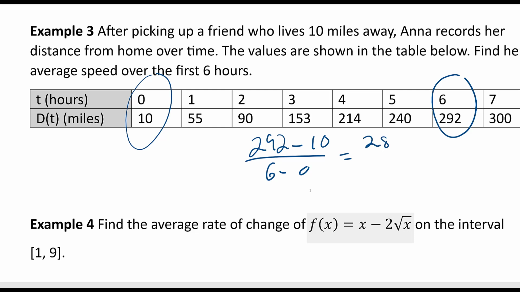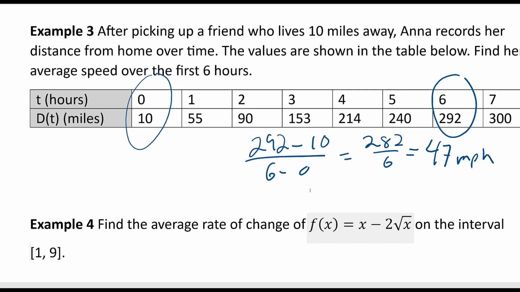So that's 282 divided by 6. And that would be 40... is that 47? Let me check on the calculator. 282 divided by 6. Yep, 47 miles per hour.